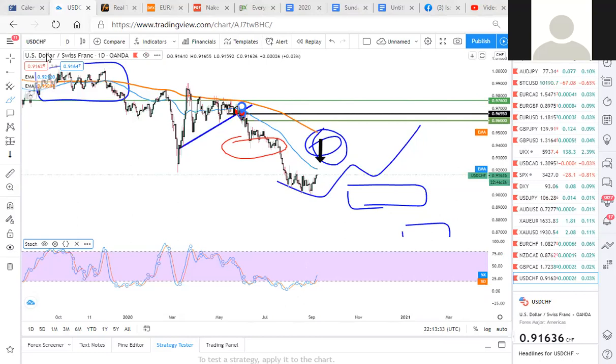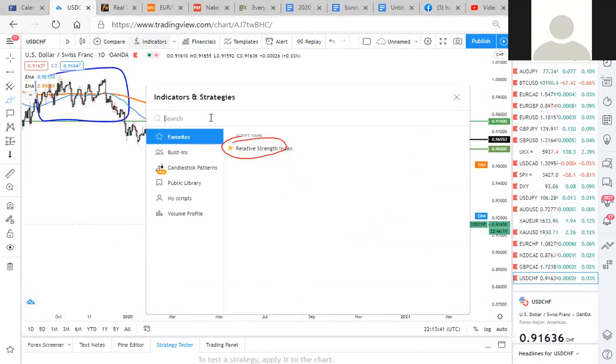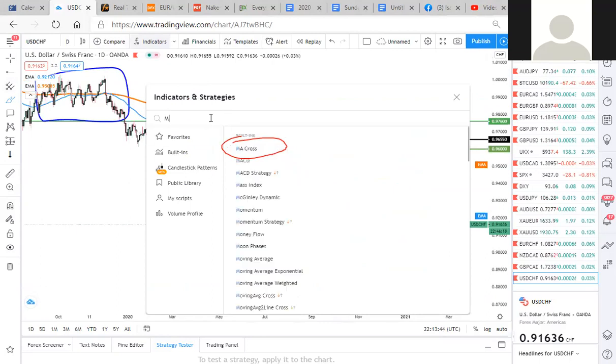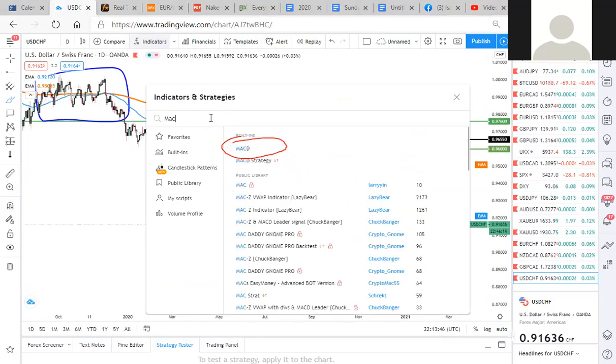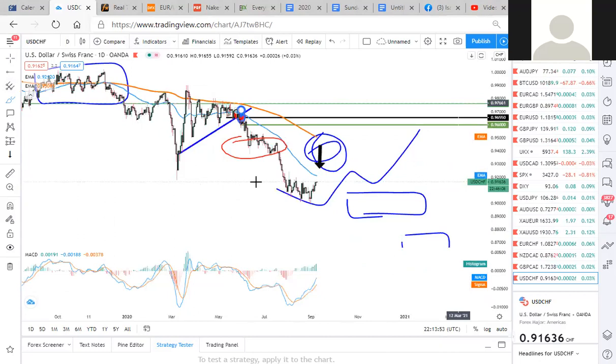So that's after the stochastic. Let's say I want to do the MACD. I'm going to plug it in for you guys. You guys can see the volume going upward as well.